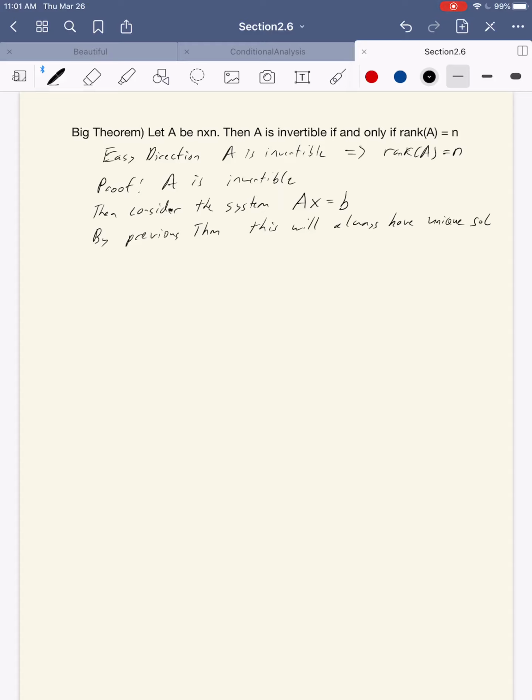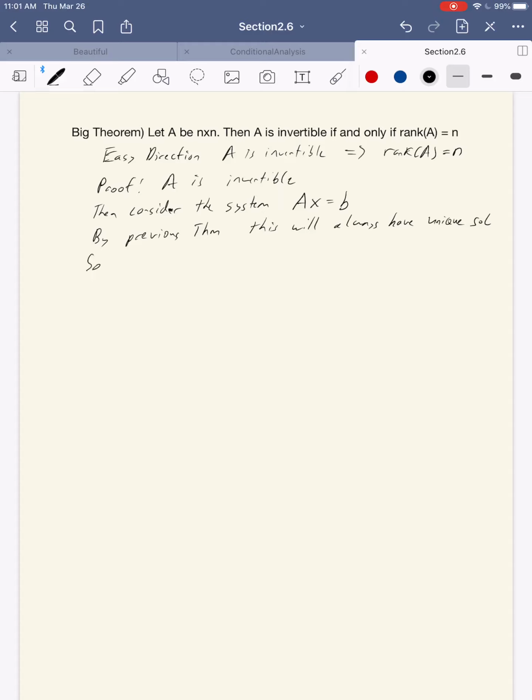But if you think back to the previous video, we did a full analysis of how rank corresponds to different solution sets. And we said that things only have unique solutions when the rank matches the number of variables.